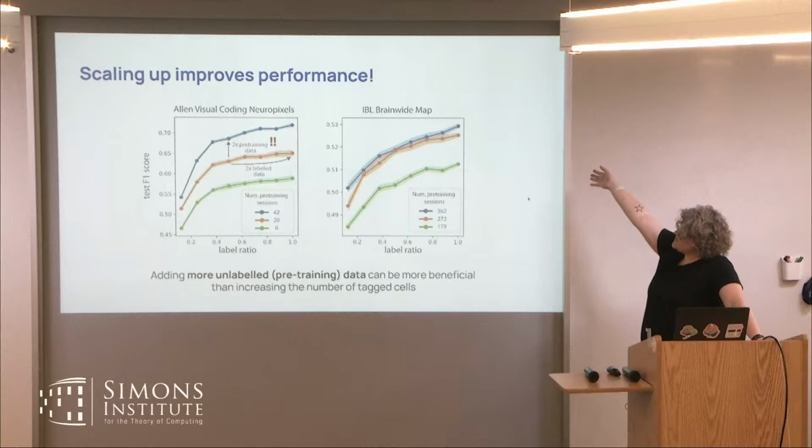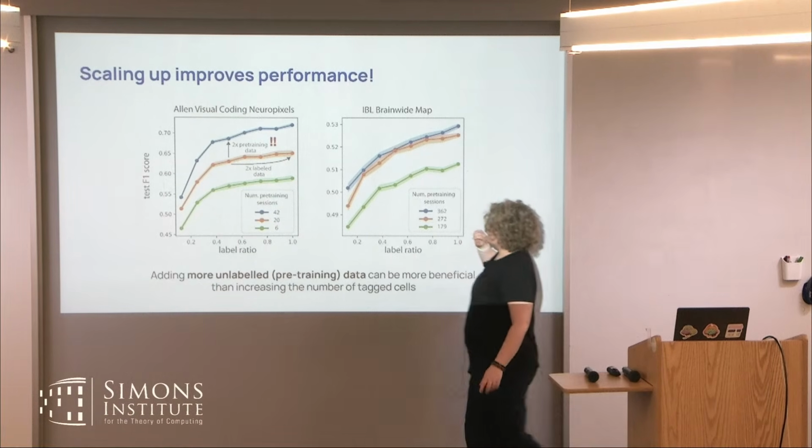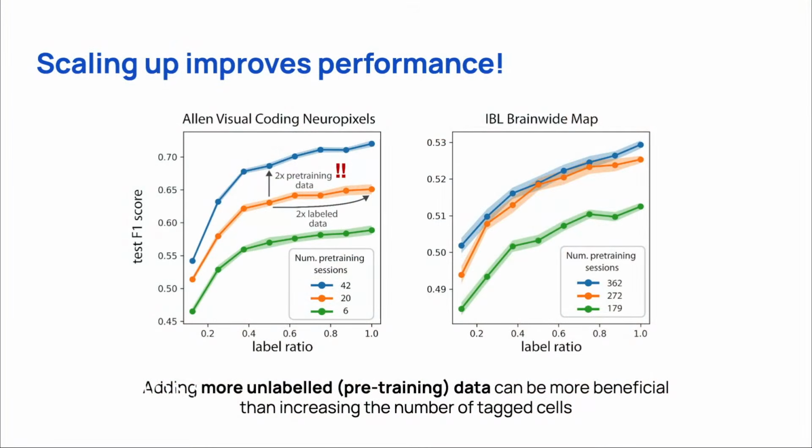We also did some scaling analysis here, so just to show that, for instance, here, this is on the cell type prediction task that I talked about. This green curve is the pre-training only on 6 animals, 20 or 42. So we're actually seeing that for the cell type prediction, even with the largest data sets that we have available in this field, we're not yet saturating our performance, right?